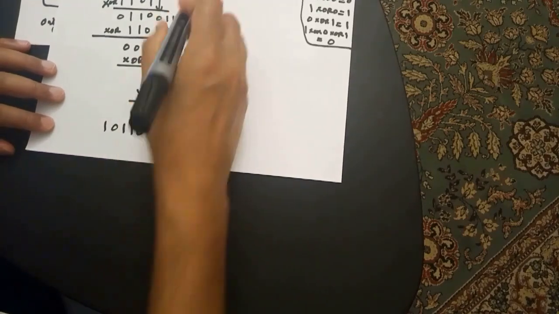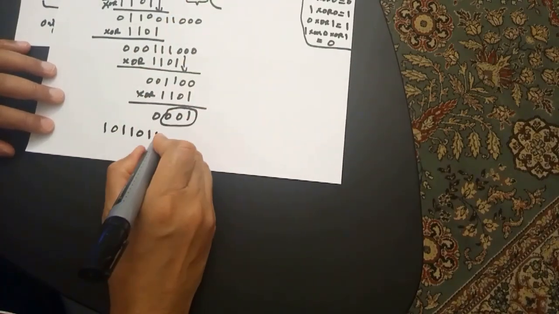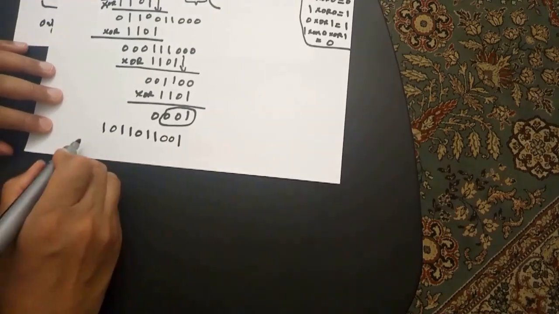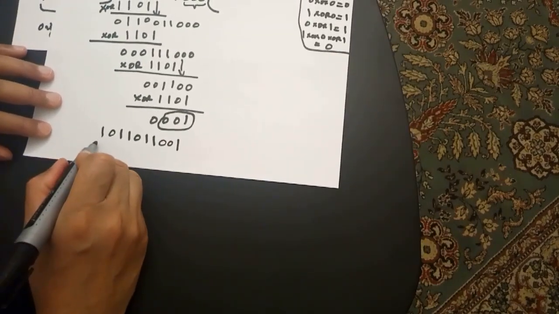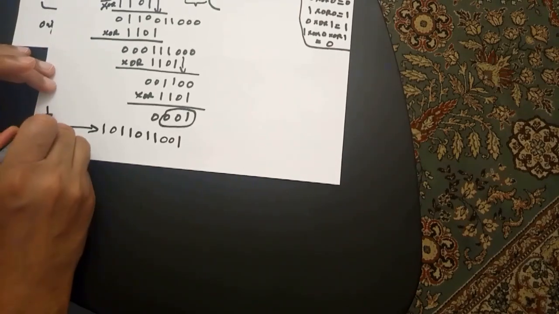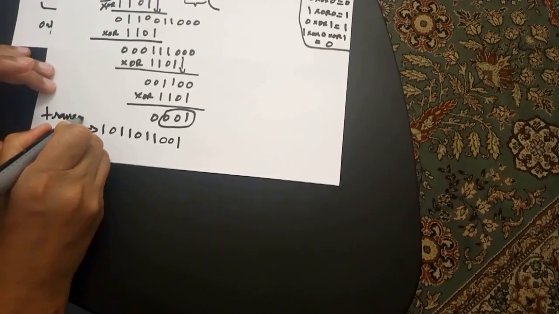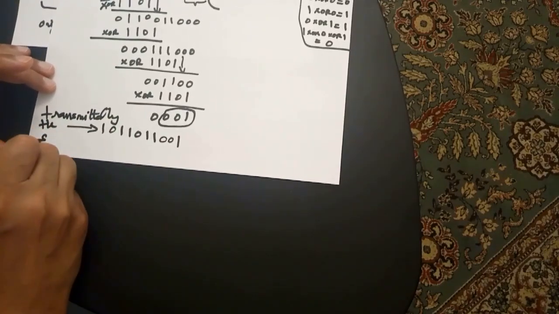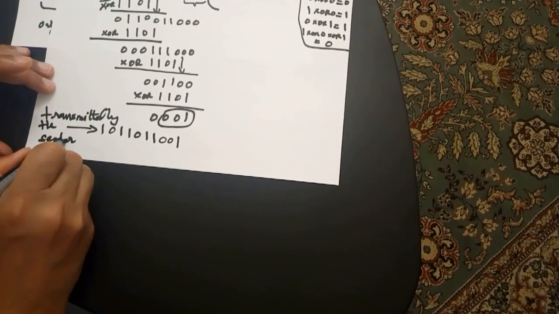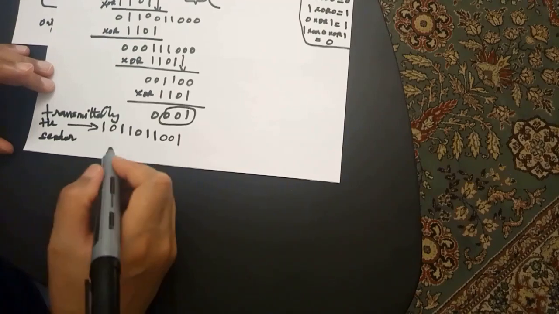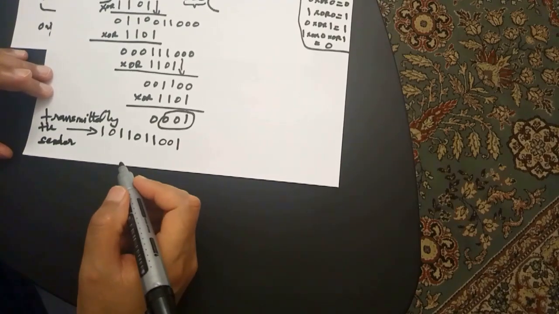And instead of the 3 zeros, what will it be now? 0 0 1. So this is the data string which will be transmitted by the sender. Okay, clear? So this is how the CRC operation is performed at the sender side.